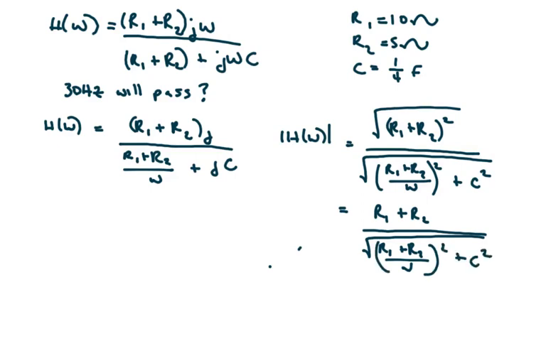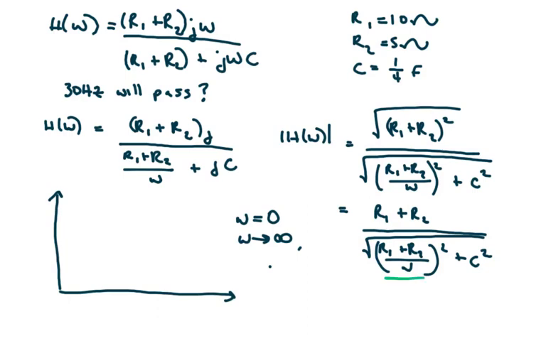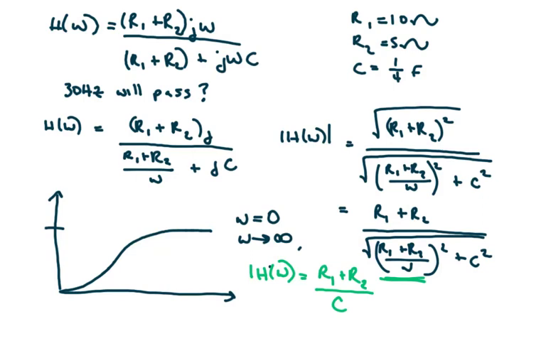And if we want to think about the behaviors of this transfer function, as omega equals 0, then we know that this is undefined, and we know that as omega goes towards infinity, this term will go to 0, and our magnitude will just be (R1 plus R2) over C.